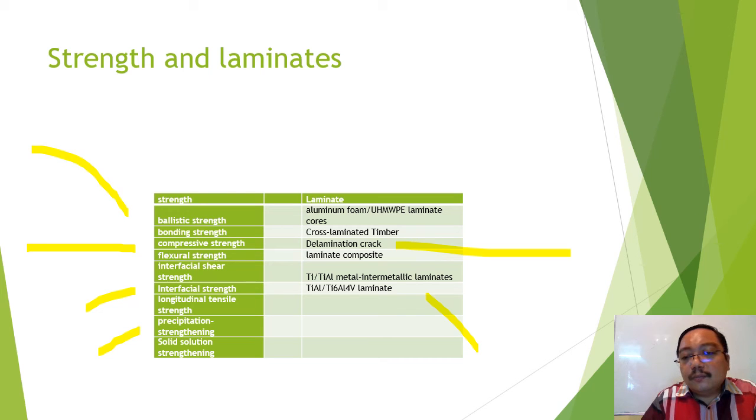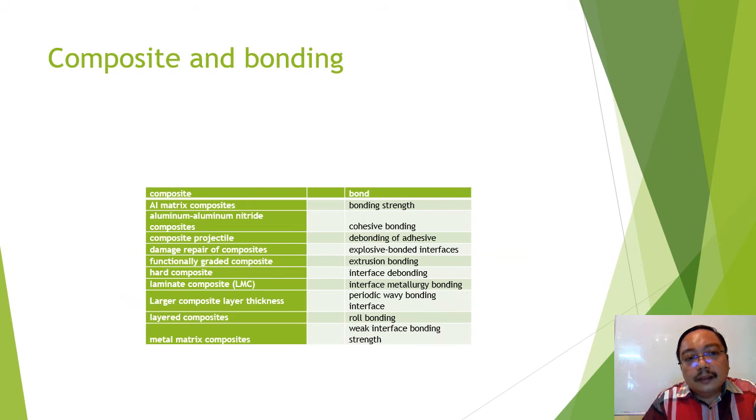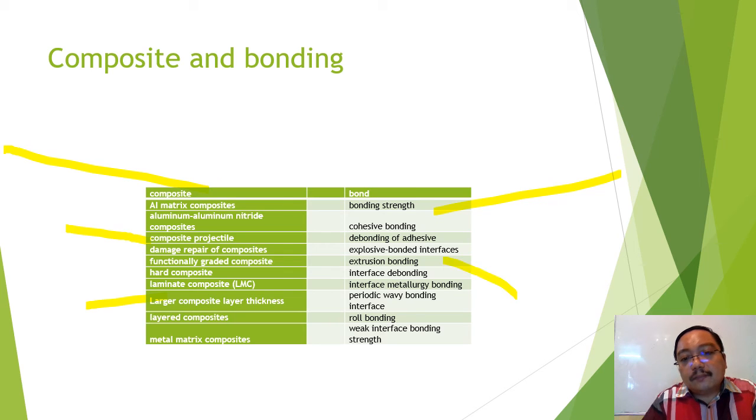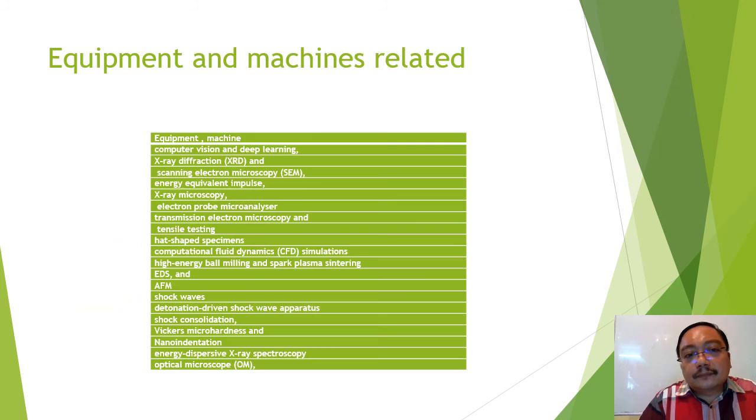You may remember only fatigue strength, but actually there are many more strengths related that you can analyze. Composite bonding, composite projectile damage repair, composite bonding strength, cohesive bonding, explosive bonded interface, many more.